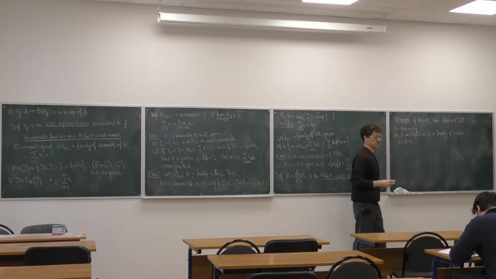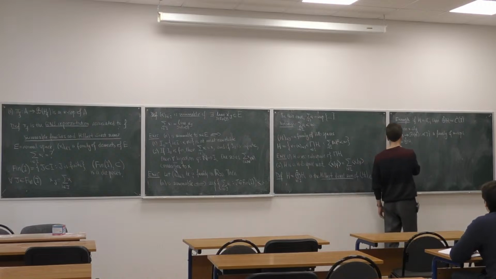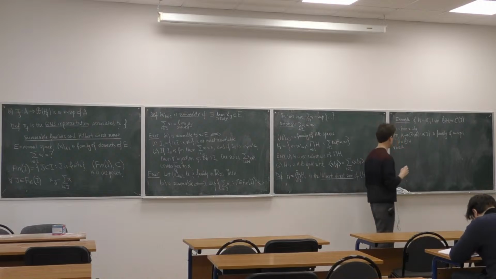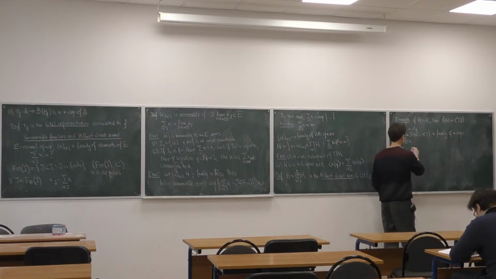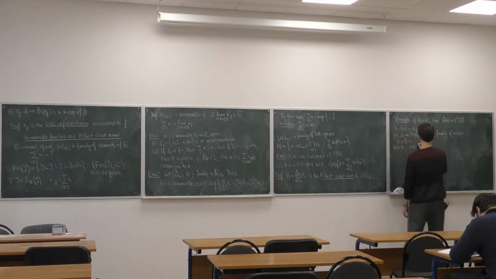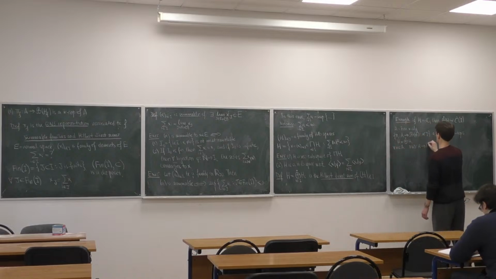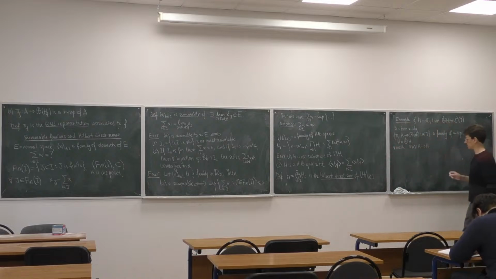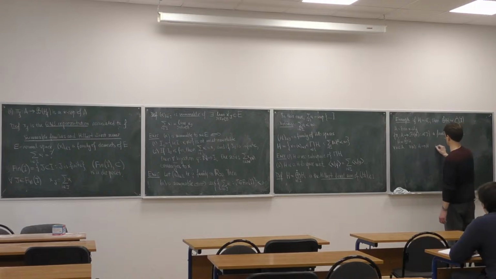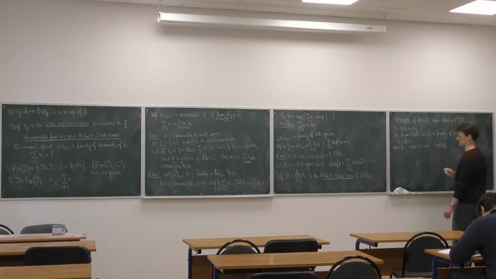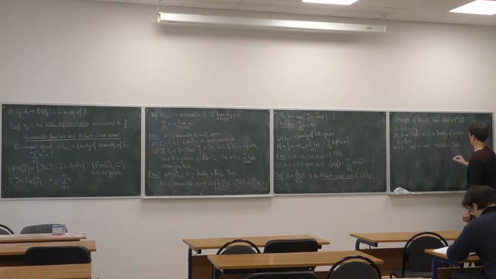Let's observe that for every element a in A, we can define an operator, denoted pi of a, from H to itself, which acts by the following simple formula. It takes every square summable family x to the following family: for every i, we apply the operator from the respective representation pi_i.